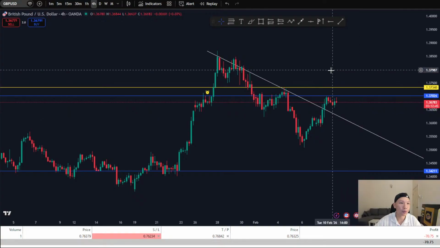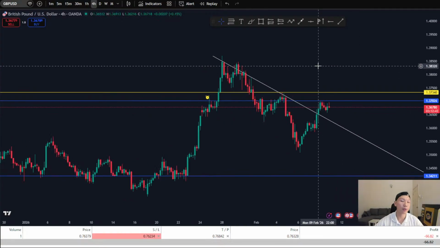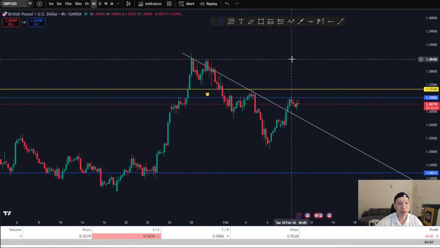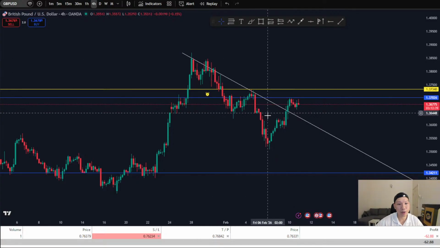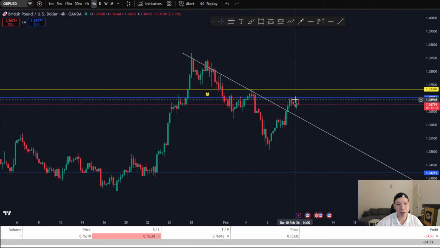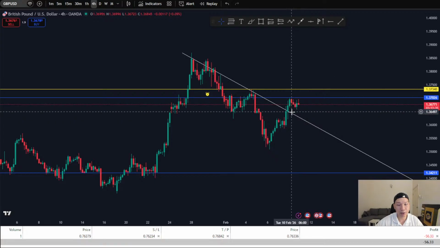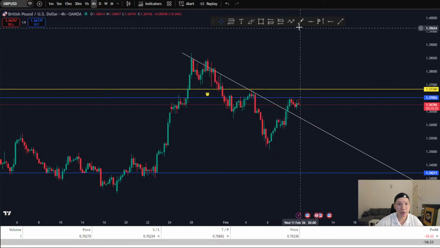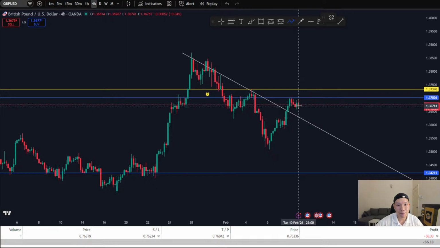Okay, so right here for 4 hours, my hypothesis is this. The market is still currently going into a compression mode. What I see, the market still has strength to want to break out this ceiling. So what it wants to do is go from here and then challenge around here.